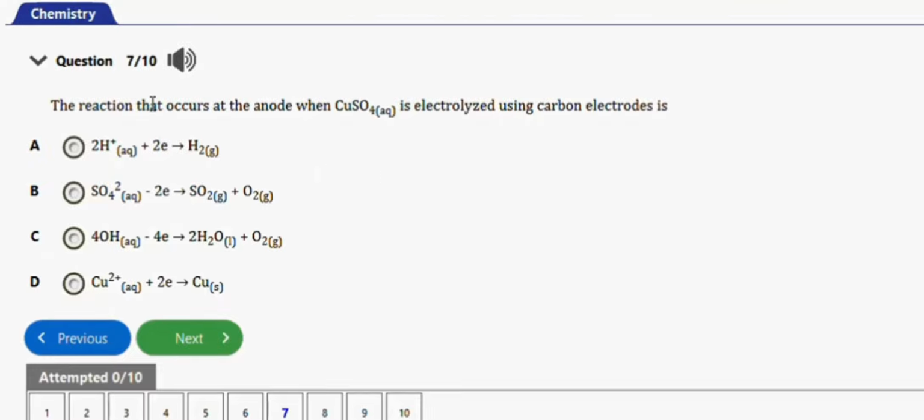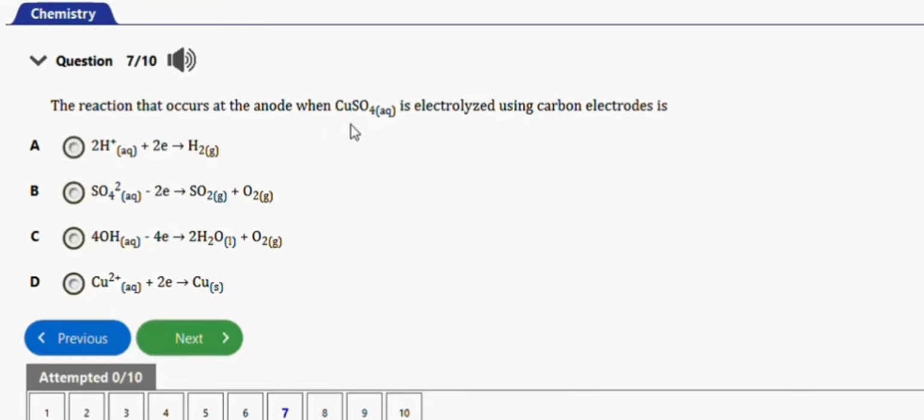Okay, so the reaction that will basically occur at the anode, and when it is using carbon electrodes, the reaction that will occur will be this option we have here, option C, hydroxyl ions lose 4 electrons to form water and oxygen gas. Okay, so that's the reaction that will occur. The right option is option C.